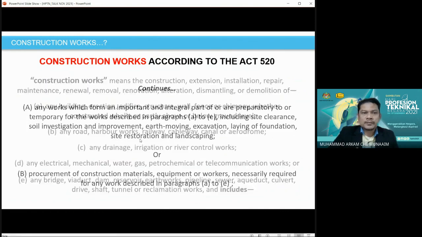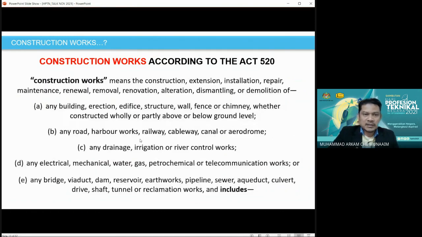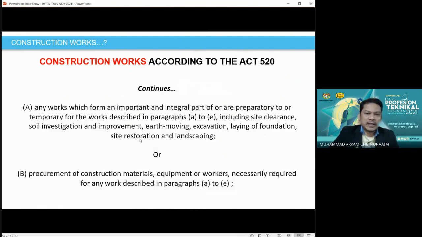So these two pages actually explain or describe the construction work from A to E here, as well as A and B or A or B here. So either you go for partly construction, temporary work, or site clearance, laying foundation, geotech, all those site restoration, landscape is also considered as construction work or construction activities.